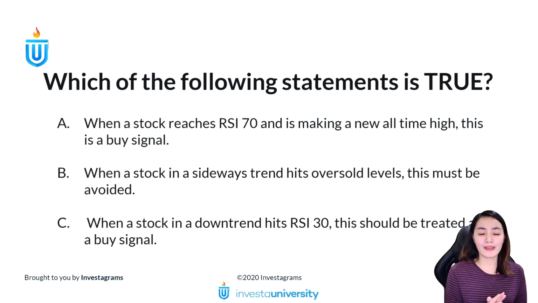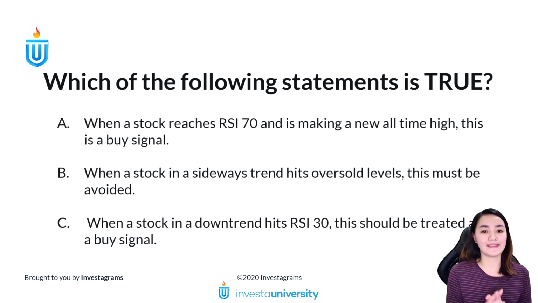Or letter B, when a stock in a sideways trend hits oversold levels, this must be avoided. Or letter C, when a stock in a downtrend hits RSI 30, this should be treated as a buy signal.